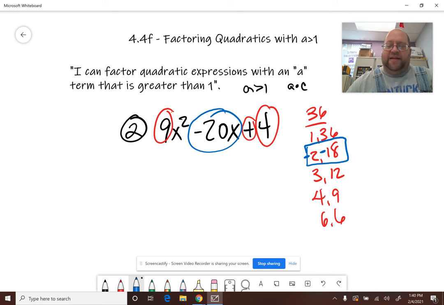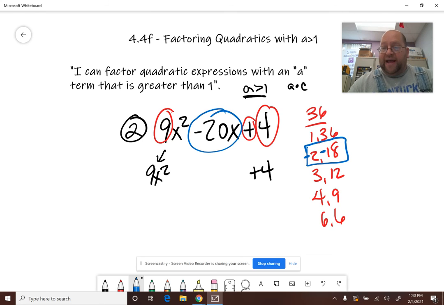So when a is greater than 1, I'm going to bring down my 9x squared and my positive 4, and I'm really just going to rewrite the middle term. So I'm going to take my negative 2 and my negative 18, and put them over here.